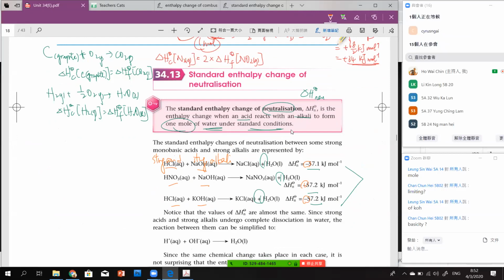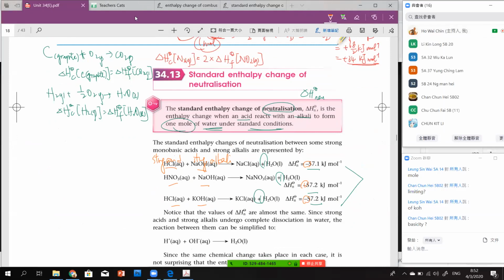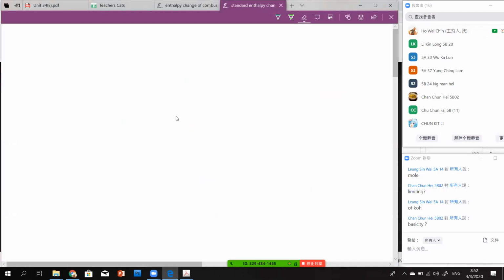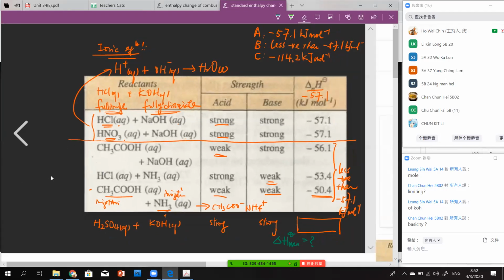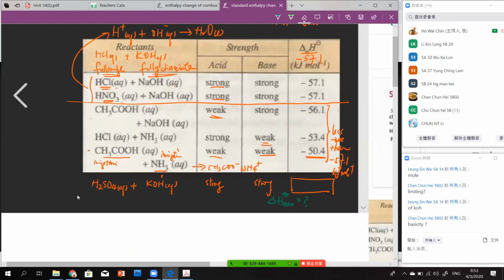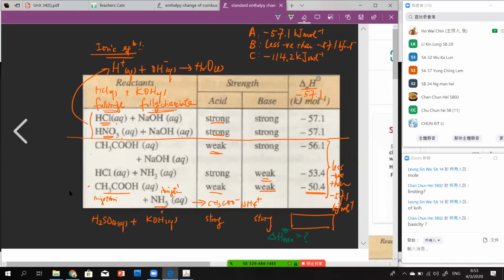So some keywords: 1 mole of water. So it really depends on what equation you are going to talk about. Can you tell me the equation for this reaction? If you do not write down the equation, we cannot continue, right? Can you get my point? If you do not write down anything, what is the equation?